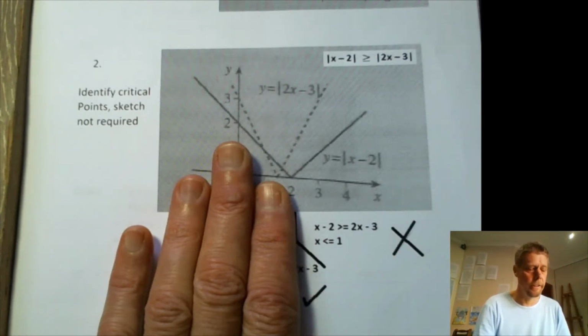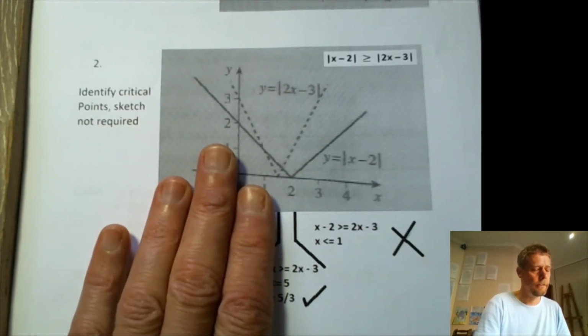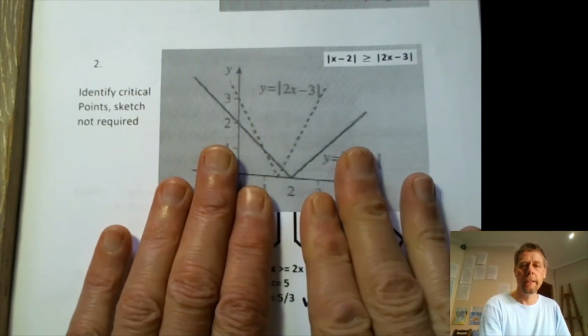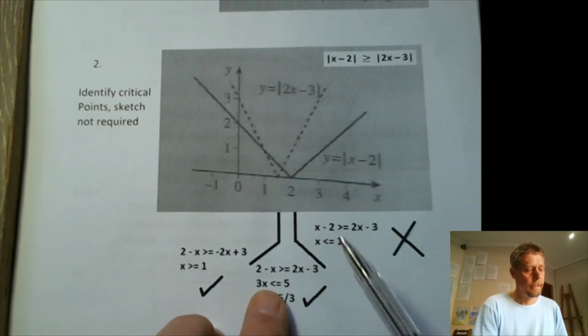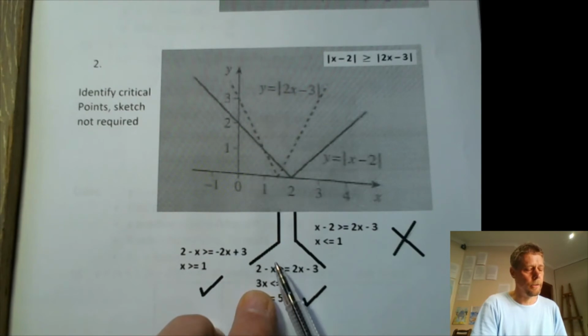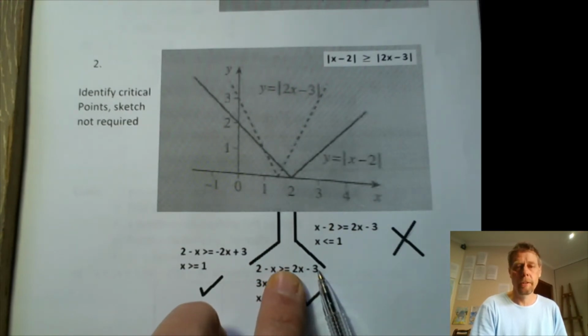We ignore that section. Let's look at the next zone, between 1.5 and 2. That's all we're looking at. If we look there, we see that the x minus 2, because x is less than 2, must flip, and it becomes now 2 minus x, which is bigger than or equal to the 2x minus 3, which is still bigger than 0, so it remains as it is. The function doesn't change.